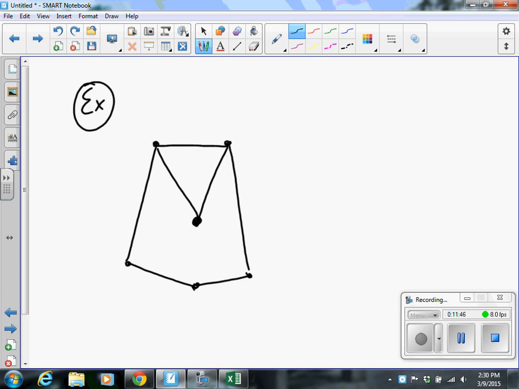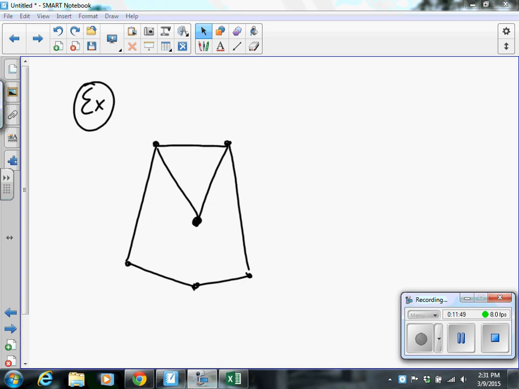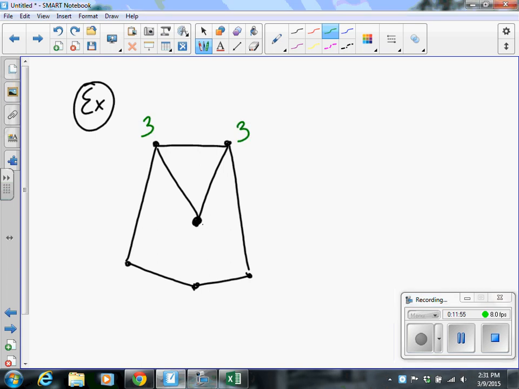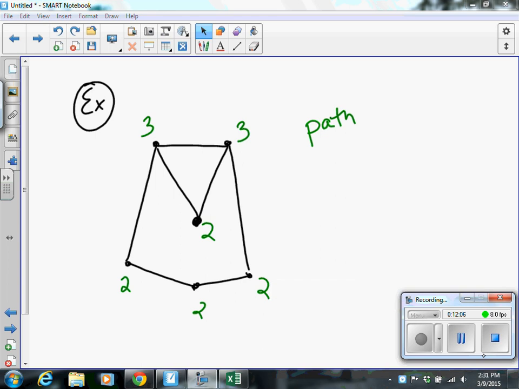So go ahead and figure it out. All right, looking at this, I'm not going to try to trace my steps. I've got 3, 3, 2, 2, 2, and 2. Because I've got two odds, I know that this is an Euler path. Next question.